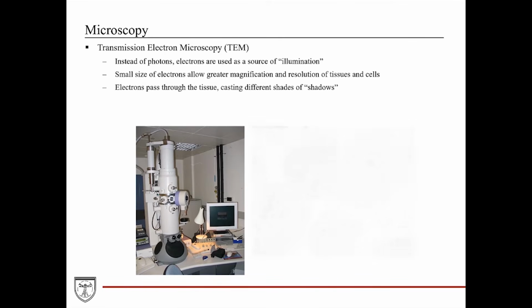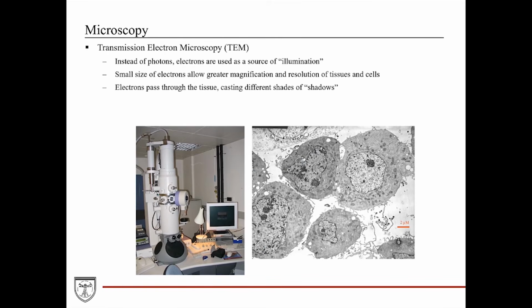In TEM, electrons actually pass through the tissue, casting different shades of shadows depending on how many electrons were able to pass through certain parts of the cells. So in TEM, there are areas that are darker. We call these areas the electron-dense areas, such as these. And these can be interpreted as the areas where not enough electrons were able to pass through because there's a lot of material that is condensed in these areas.